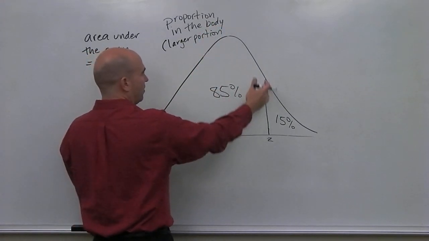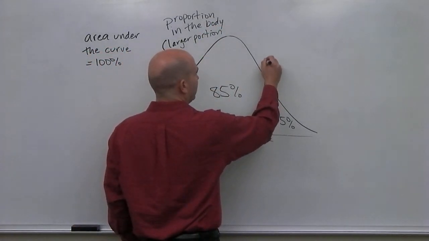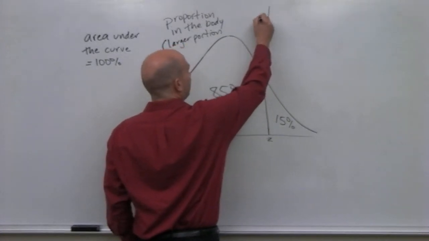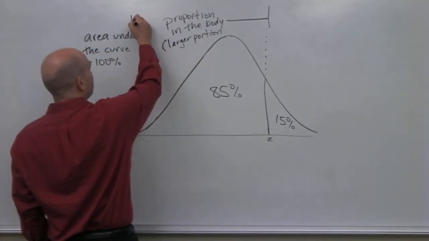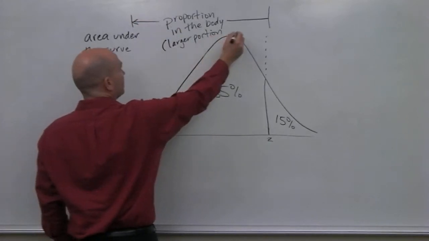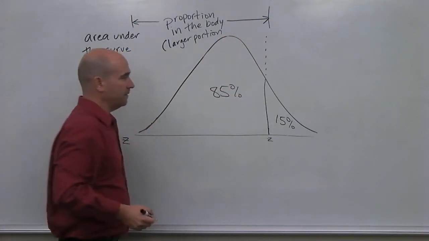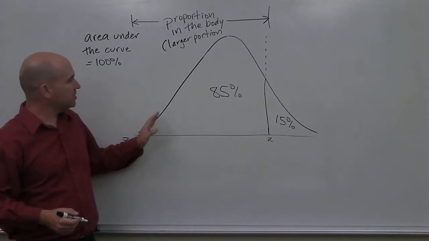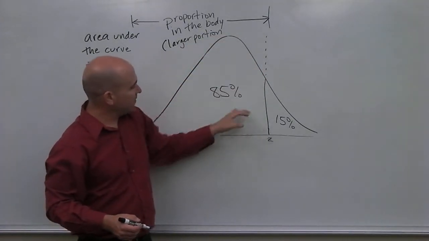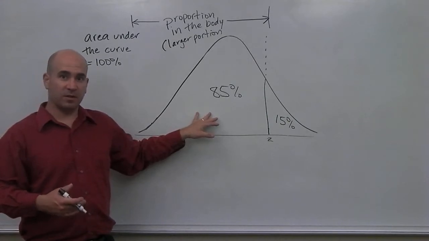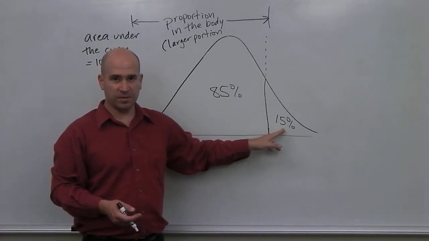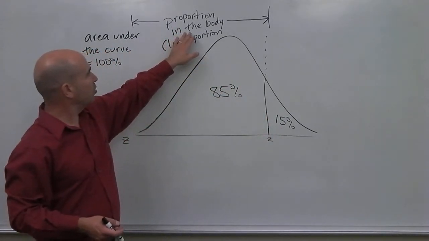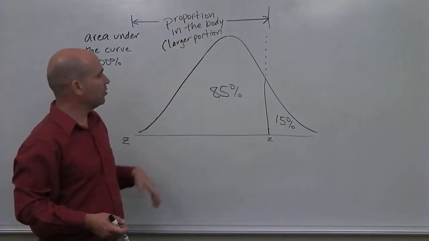That's this area here. So all the way from this point to the end of your curve is the proportion in the body, or the larger proportion. Notice how this area, the 85%, is much larger than the 15%. So we call this the proportion in the body, or the larger portion.